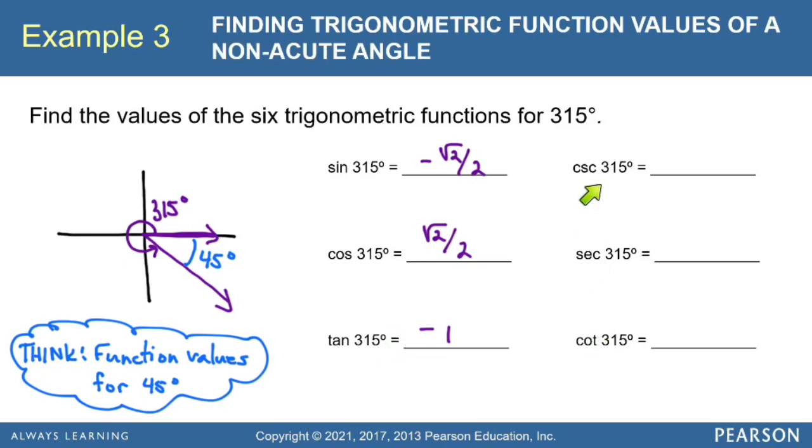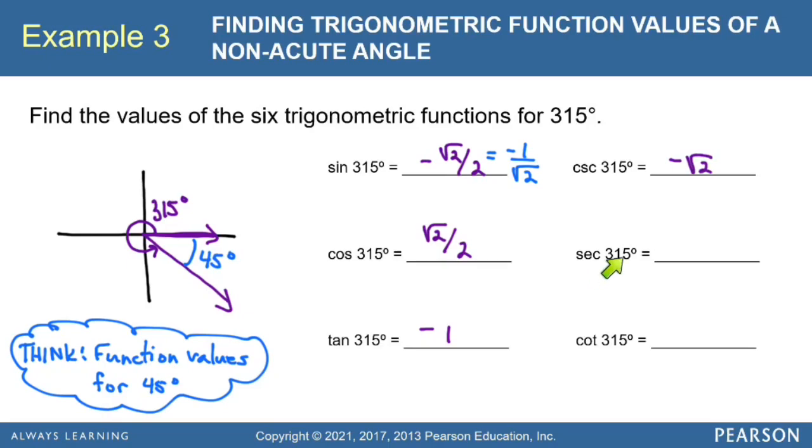For the other three functions, we just need to do reciprocals of the first three. And so we want to remember that this rationalized value here used to be -1 over square root of 2 before we rationalized it. So now that we have that, we'll flip this value instead of this rationalized one. So the cosecant of 315 degrees is the reciprocal of the sine value, and so the cosecant is going to be negative square root of 2.